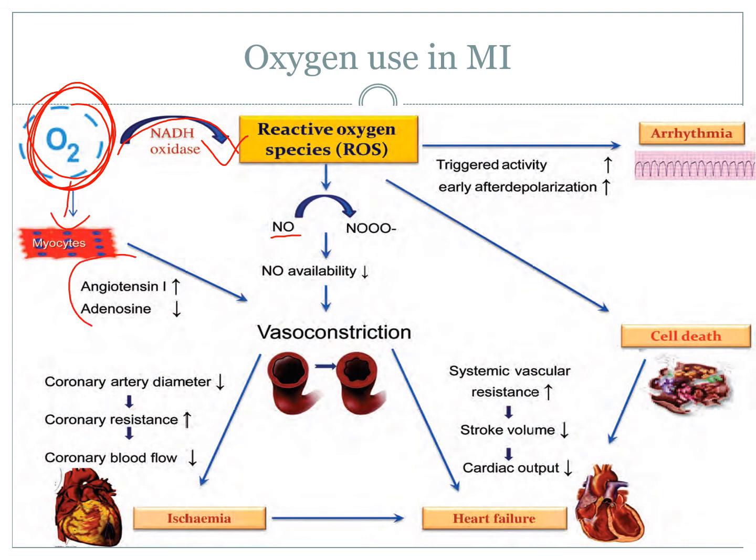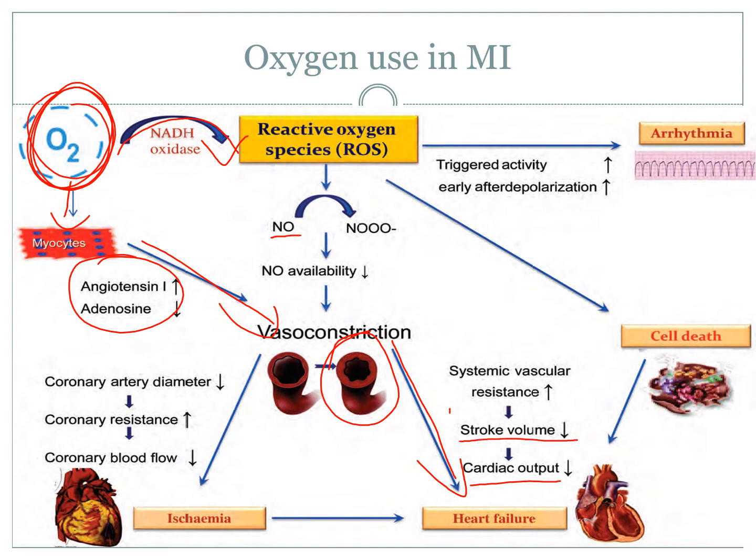The oxygen will allow your angiotensin to take you from a state of vasodilation, which is caused by nitric oxide, to a state of vasoconstriction, which is absolutely not what we want, because that causes vasoconstriction of the coronary arteries, which decreases blood flow to the heart further and therefore delivers less oxygen.